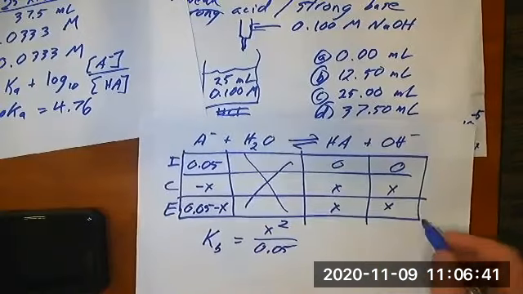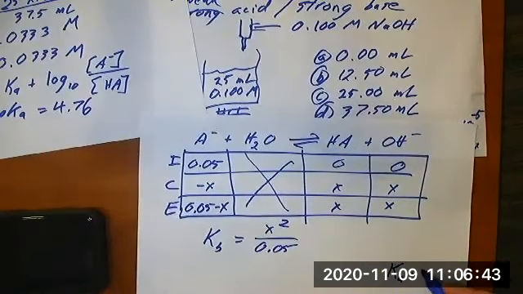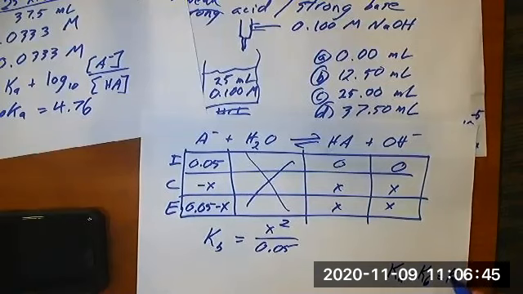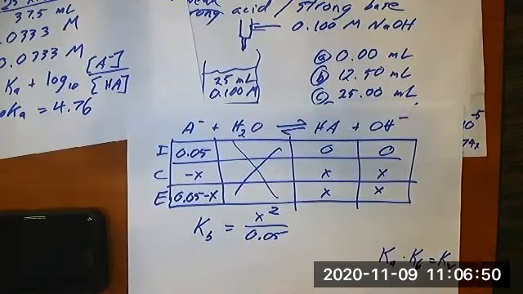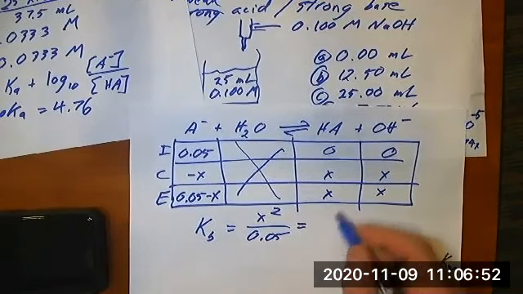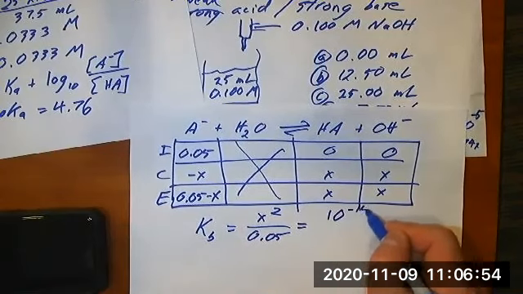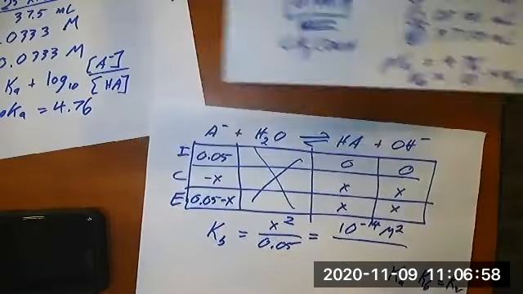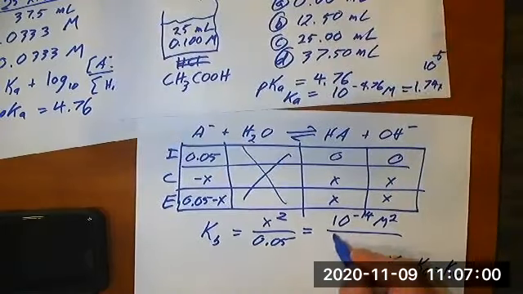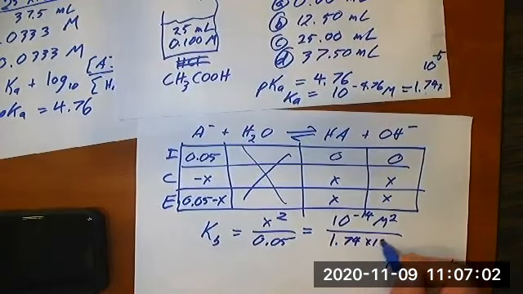Well, remember that Ka times Kb equals Kw for an acid and its conjugate pair. So this is going to equal 10 to the negative 14th molar squared over our Ka, which was 1.74 times 10 to the minus 5 molar.